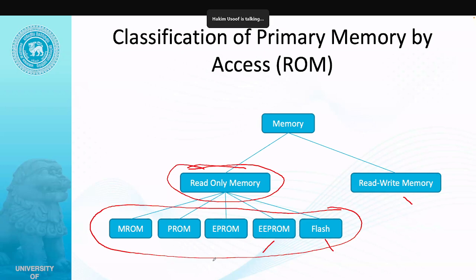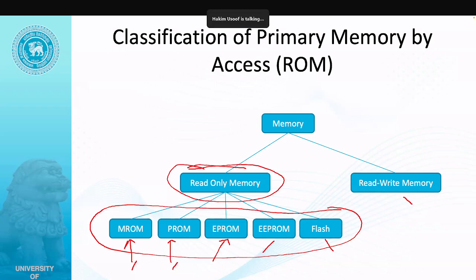Erasable programmable ROMs are what you used to get maybe 20 years ago. These are programmable ROMs, and MROMs are masked read-only memory, where the program is written when they are made itself. You can't change them. When they are made, the program is inside.